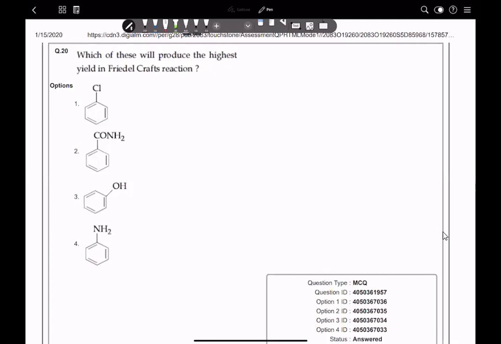So you can see the CONH2 group is deactivating. And phenol and NH2 both are activating. In all three cases, Friedel-Crafts reaction is not possible. So the highest yield will be with chlorobenzene.